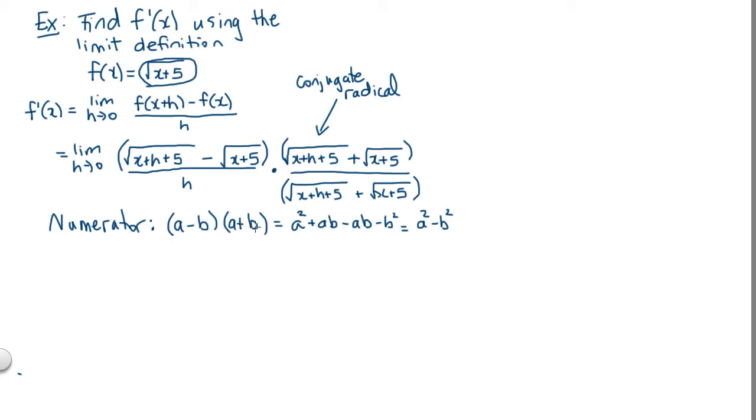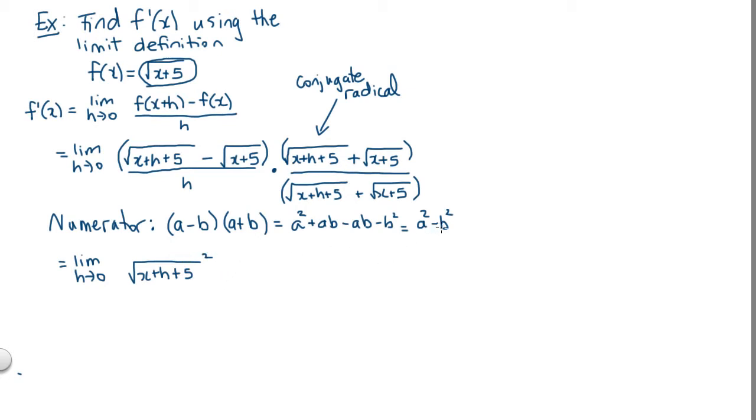So if we think of it this way, in our next step, instead of expanding out this big expression that involves the square roots, we could just say, well, we're going to get the limit as h goes to 0 of this first quantity, this a squared, so square root of x plus h plus 5 squared.